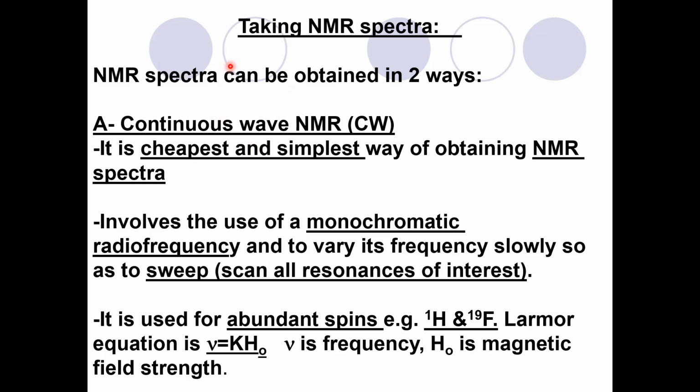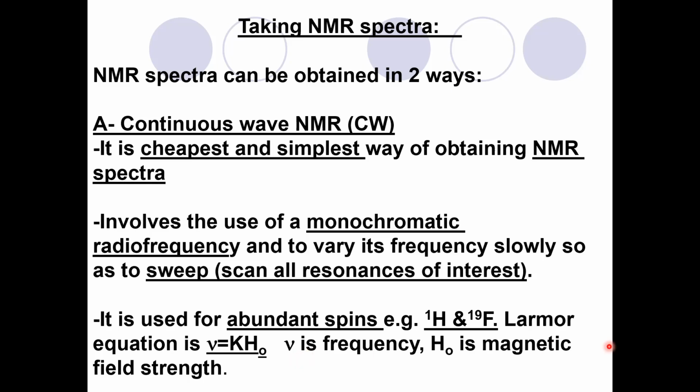It is not convenient for dilute spins like N15 or C13. This technique involves the use of monochromatic radio frequency and varying the frequency so that we can sweep or scan all resonances of interest. It was used, as I said before, in the old machines.